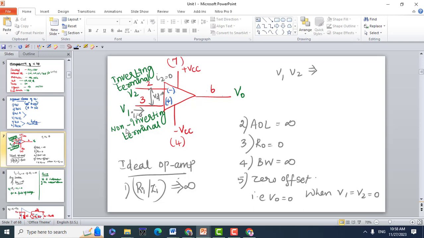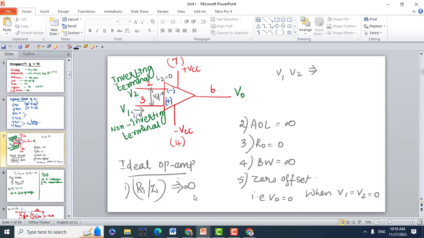There should not be any input current, namely your I1 should be 0 and I2 should be 0. And there are certain characteristics of an ideal amplifier. So what are they? Let us discuss here. For the ideal operational amplifier, the input impedance is infinite. What does it mean?